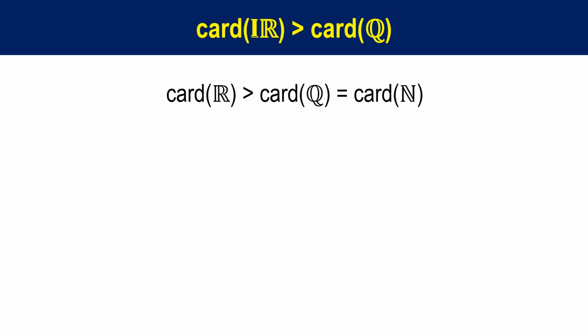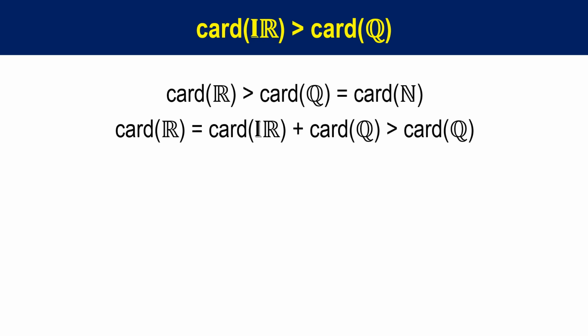Cardinality of real numbers is larger than cardinality of rational numbers, which is equal to cardinality of natural numbers. Cardinality of real numbers is cardinality of irrational numbers plus cardinality of rational numbers, which is larger than cardinality of rational numbers.